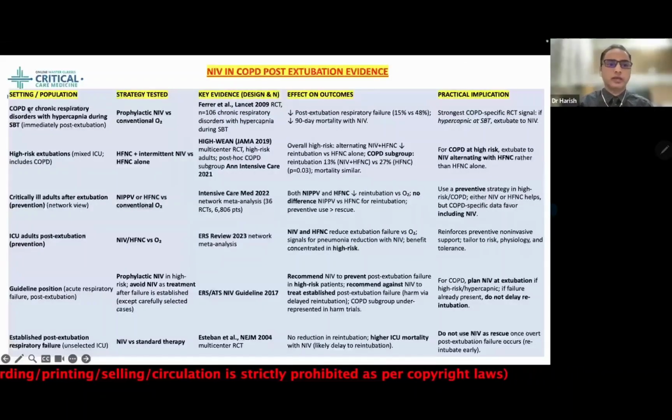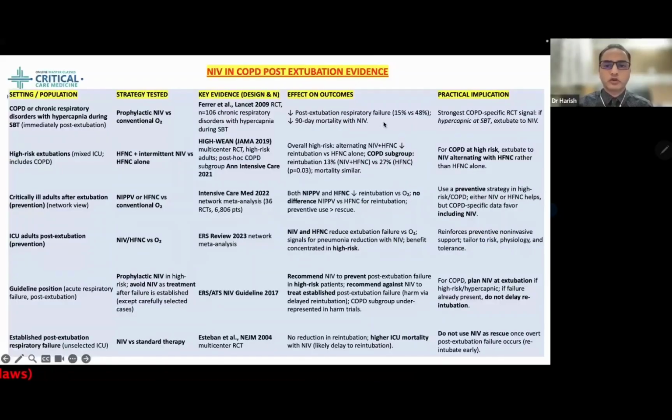So in COPD, okay, prophylactic NIV versus conventional oxygen, what they have done. Post extubation respiratory failure was reduced and also the 90-day mortality was reduced with NIV. These were patients with chronic respiratory disorder with hypercapnia during the spontaneous breathing trial.